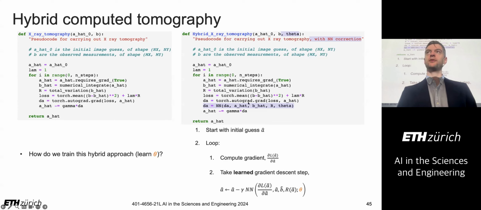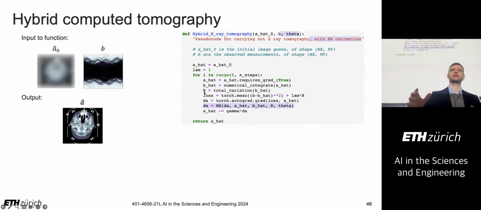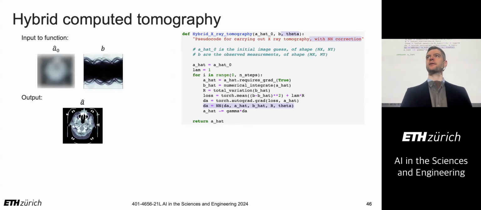What we can do is think about the inputs and the outputs of this function. Remember, this is just a function at the end of the day that has some inputs and some outputs, and we just want to learn some of the inputs of the function. This is what I was trying to tell you with auto differentiation and differentiating through scientific programs. So let's think about the inputs to that function and the outputs of that function, and that's going to help us define a loss function to train this neural network.